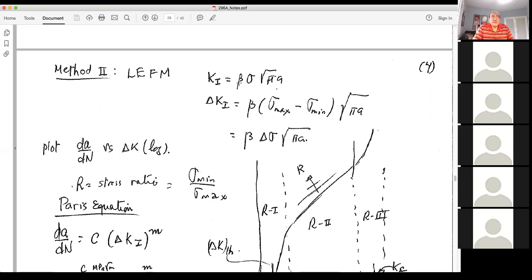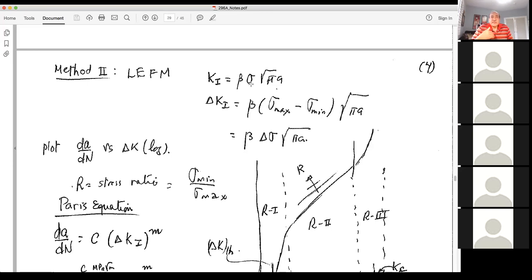So beta is a function of the crack size divided by some measure of the sample size. And therefore, as the crack changes size, beta changes as well, and that can cause some difficulties. And the stress is the remotely applied stress, not at the crack tip, meaning average stress or nominal stress without the crack, away from the crack. So that's the stress intensity factor.